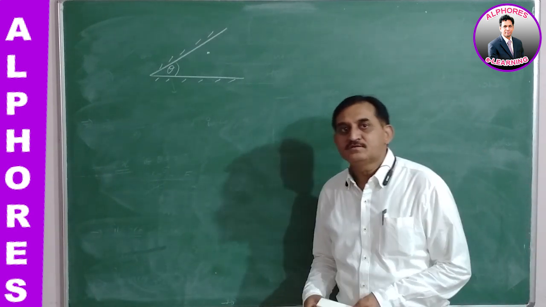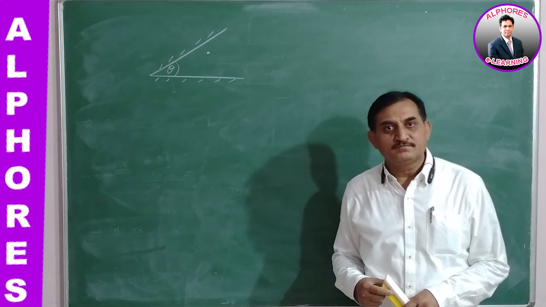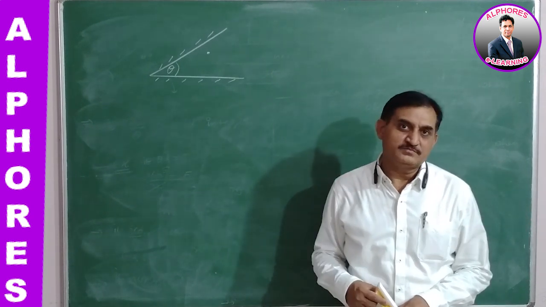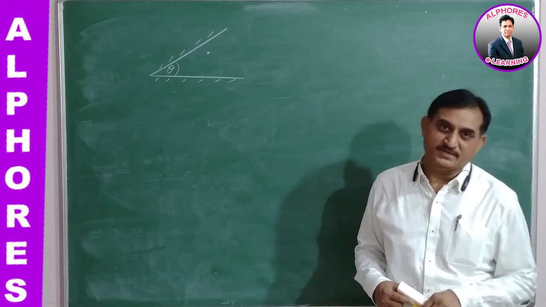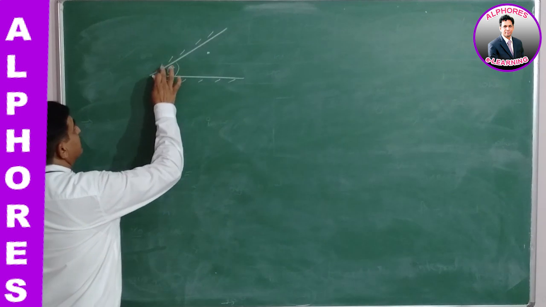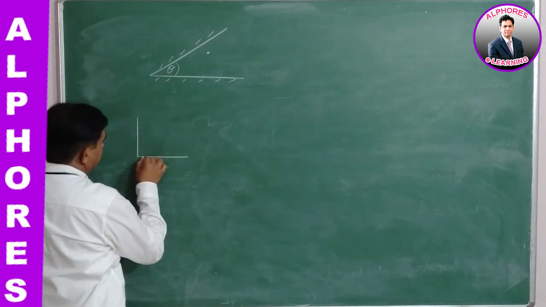Now in this case, the number of images formed is a unique value for different angles between the two plane mirrors. If you go for a suitable example, suppose the angle between these two plane mirrors is 90 degrees, say.